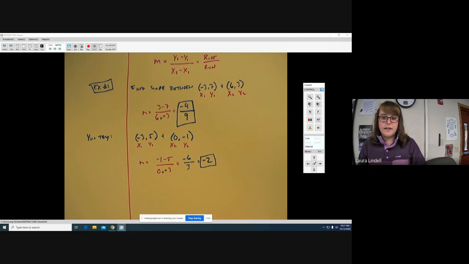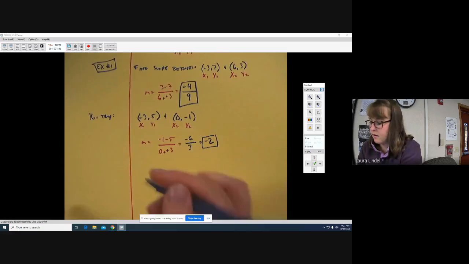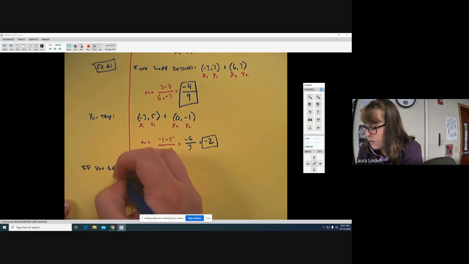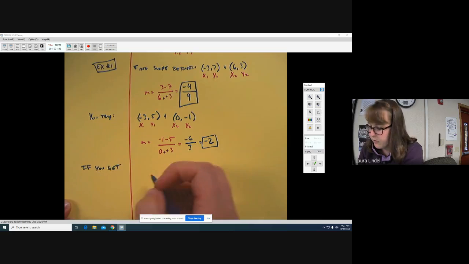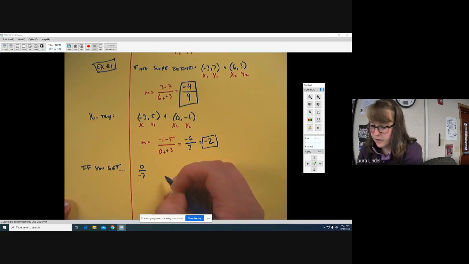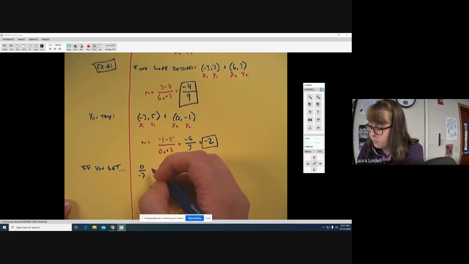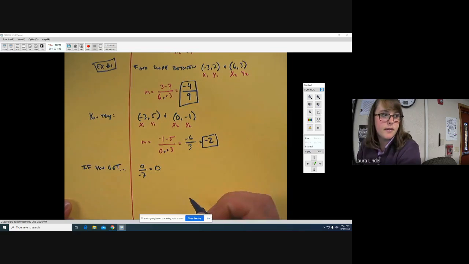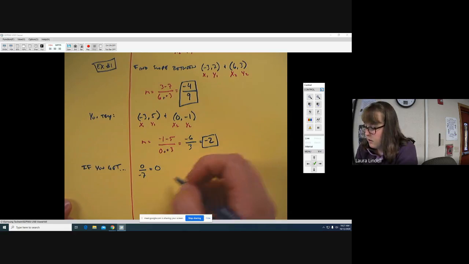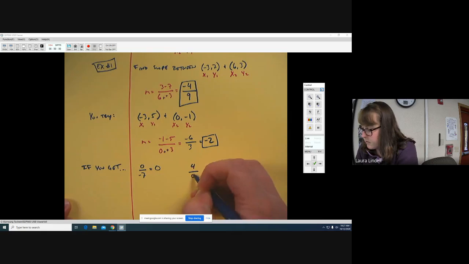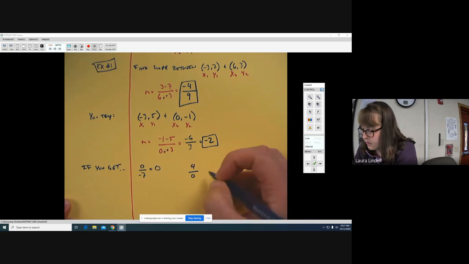Just a quick side note for slope. If you get something in the form of 0 over something, then your slope would be 0, because 0 divided by anything is 0. If you get it the other way around, though, if you get something divided by 0, then your slope is undefined.